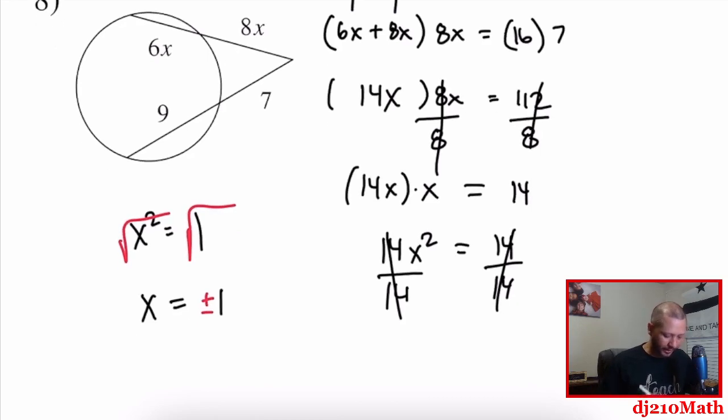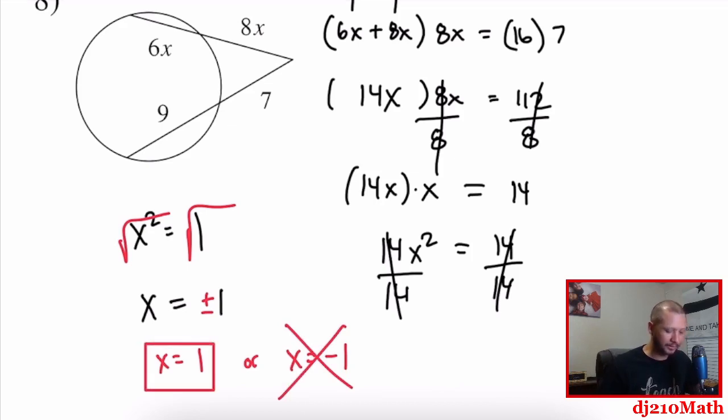So this is saying x is either positive 1 or x is equal to negative 1, right? That's what plus or minus means. Plus 1 or minus 1 or negative 1. So we always throw away the negative value and keep the positive value.